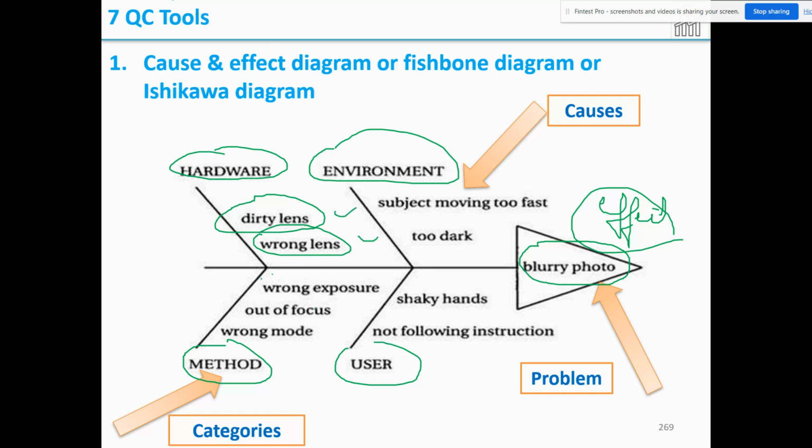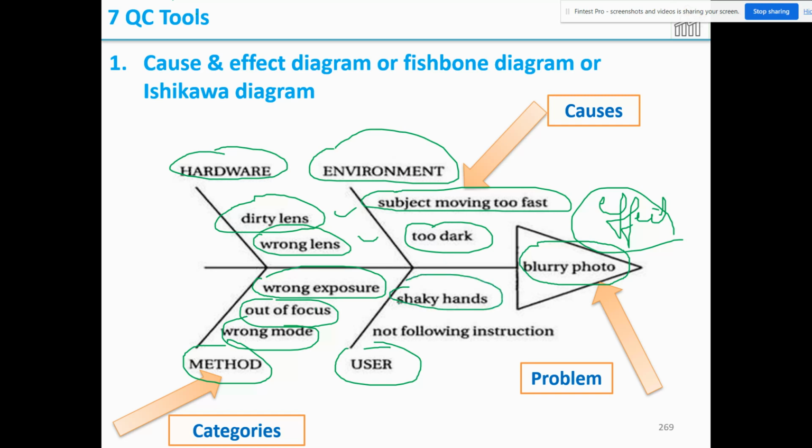Then coming to method: wrong exposure, out of focus, wrong mode. Coming to environment: subject moving too fast. When I click a photo, if you suddenly move the camera, it may take time to store it. If you move faster, it can create a blurry photo. Then too dark. Then coming to user: a shaky hand, or not following the instructions. So they've identified from each category all the possible causes that can affect the output or the effect.